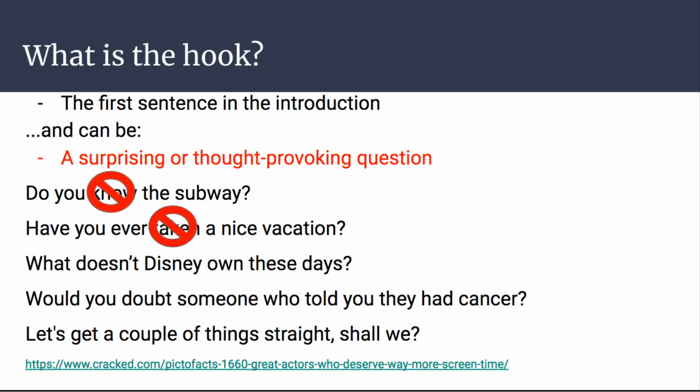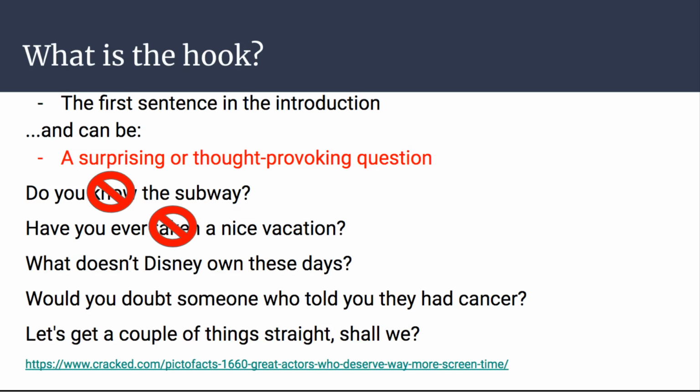The other one is, do you know the subway? Yes, it's general, but it's so general that it's beyond boring. Actually, these two examples are real examples that I've read in my education history.